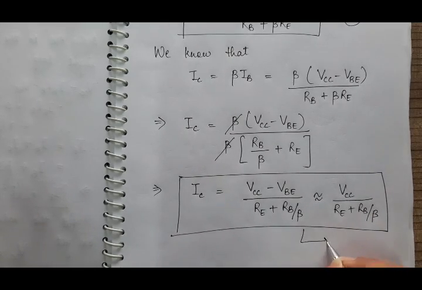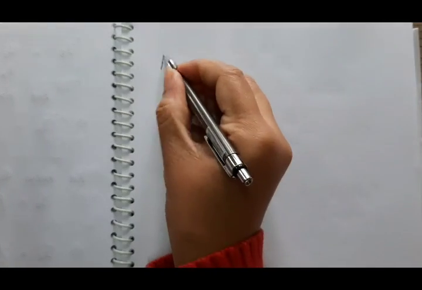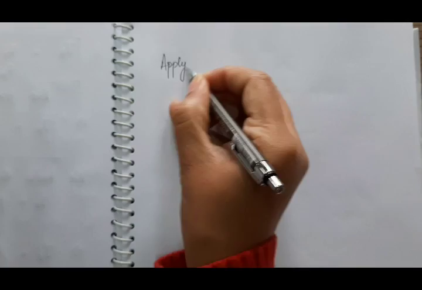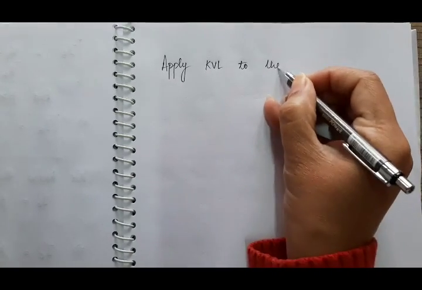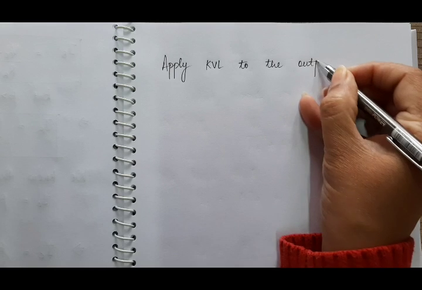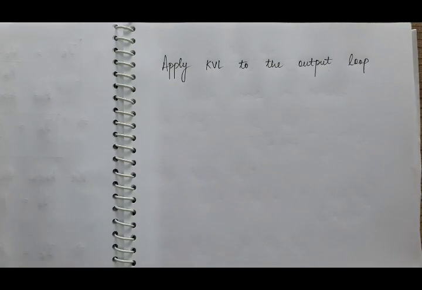Now suppose this as equation 4th. Now apply Kirchhoff's voltage law to the output loop. So it will be, check the circuit diagram.